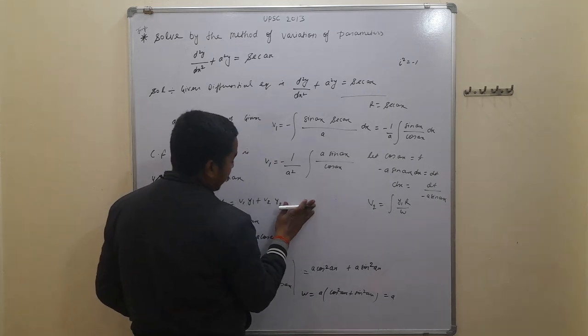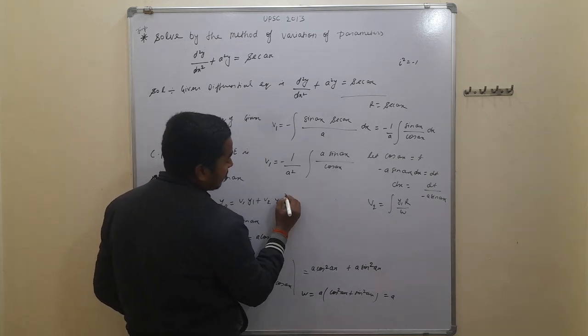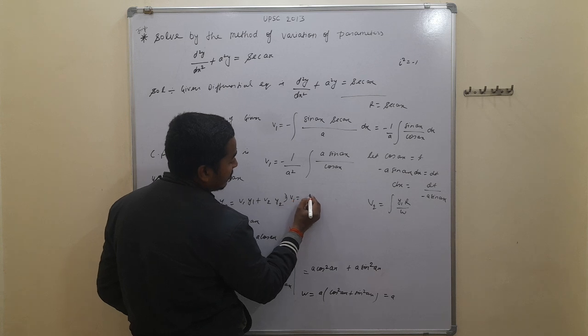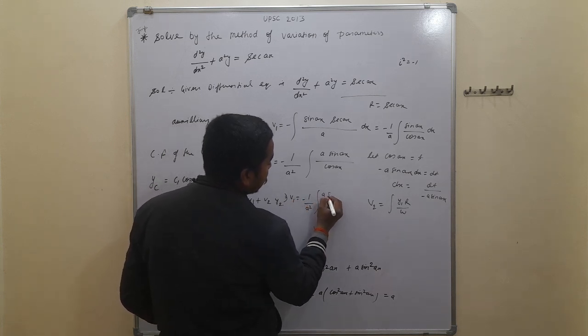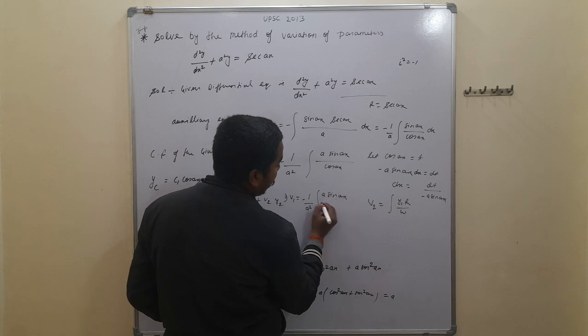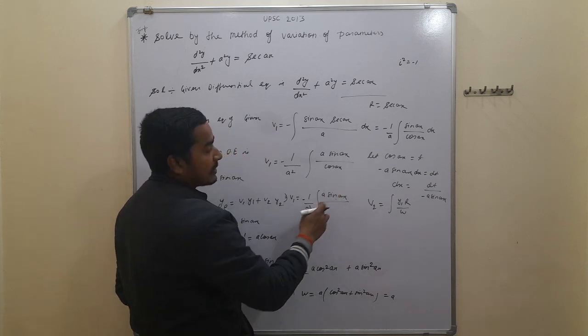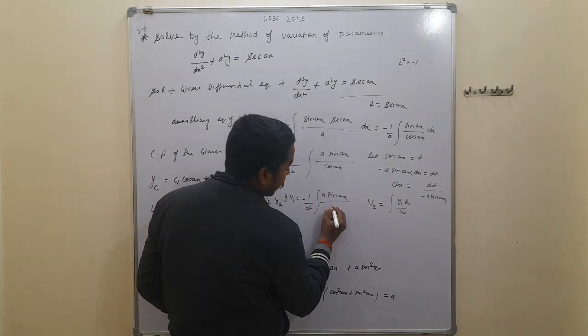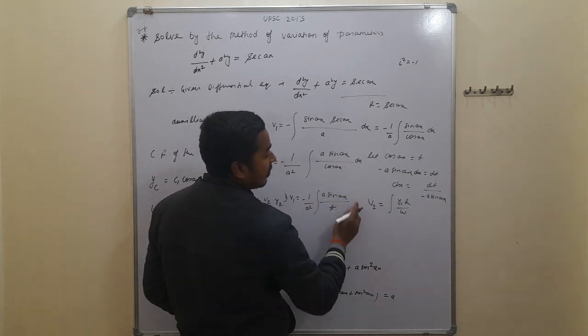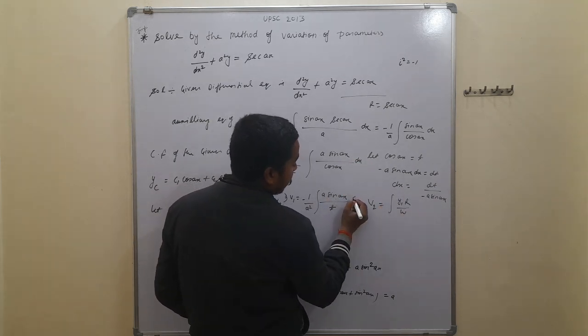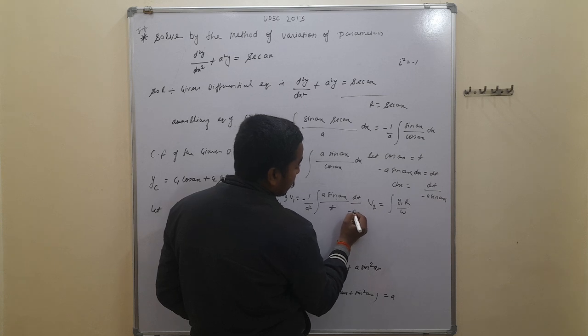We put this in and get the value of v1. This is v1 is equal to minus of 1 upon a square integral of a sin ax upon t, and in place of dx we put dt upon minus a sin ax.